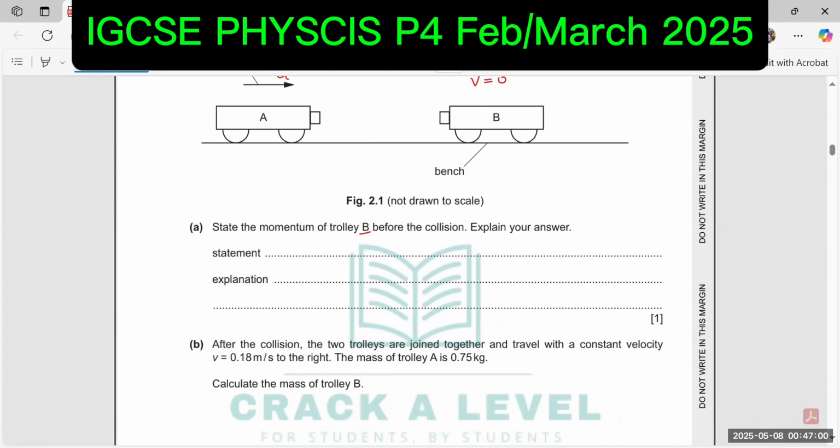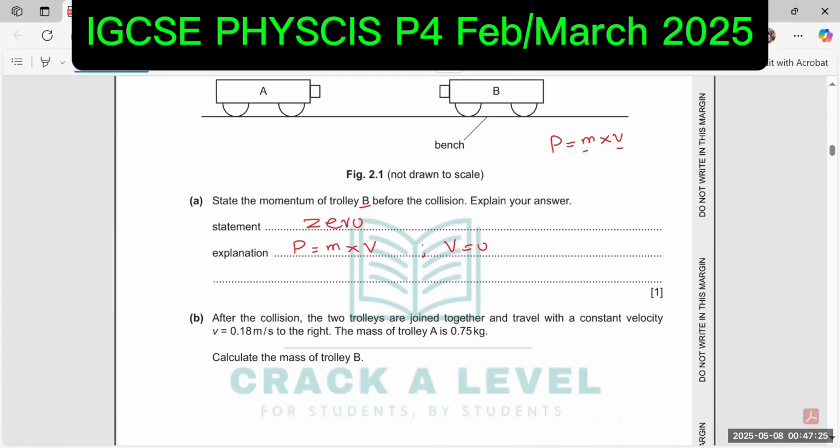First of all, what is momentum? Momentum is represented by P, that is mass times velocity. In this case the trolley has mass, but velocity is 0. So momentum will be 0, because momentum is equal to mass times velocity and velocity is 0. That's why momentum will be 0 for trolley B.